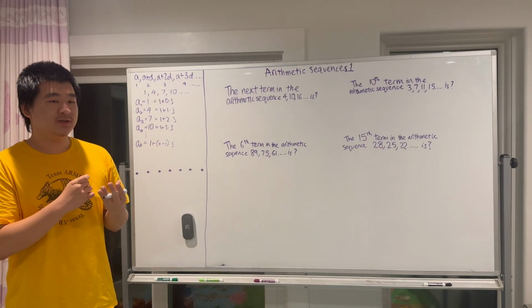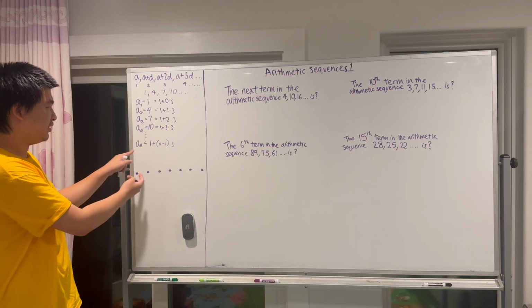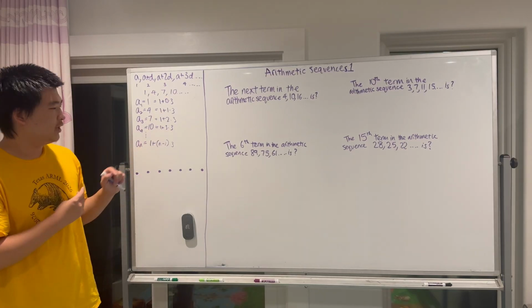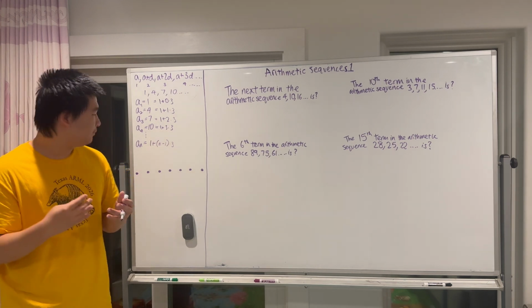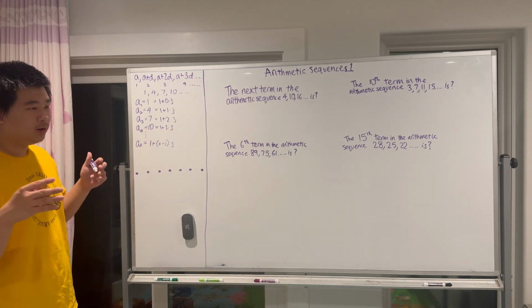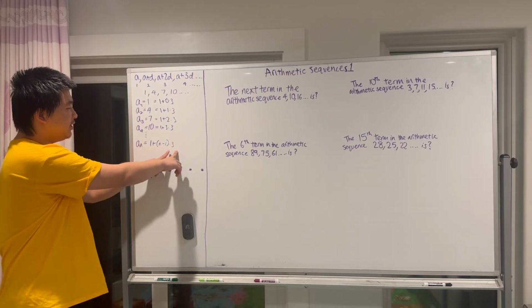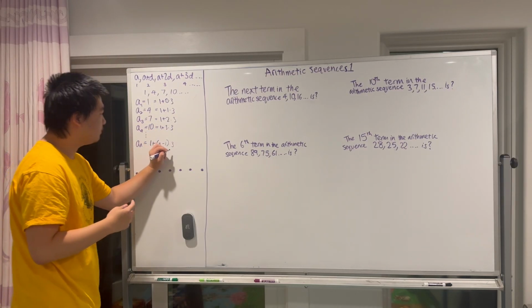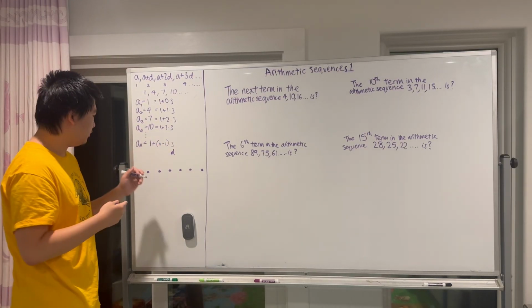We can also prove this more mathematically, but hopefully this will be enough for you to convince yourself that this is the correct formula. And so now we start to think, how can we generalize this formula, right? Well, hopefully you can see where the parts of the formula come from. This 3 is d, the common difference, and this 1 is a, the number that we start with.